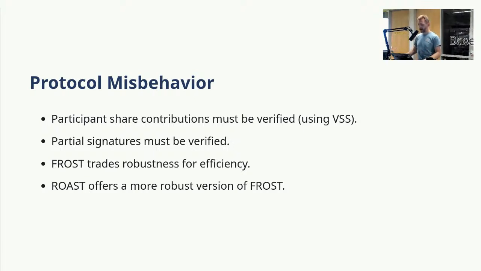I don't remember the full acronym, but it's a protocol built on top of Frost that introduces a lot of this robustness that Frost doesn't deal with. So it helps set up negotiations so that you can easily figure out who's misbehaving when and where, and you can kick them out early, and so the protocol itself just flows more efficiently.